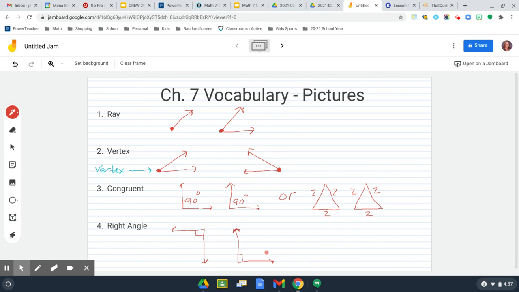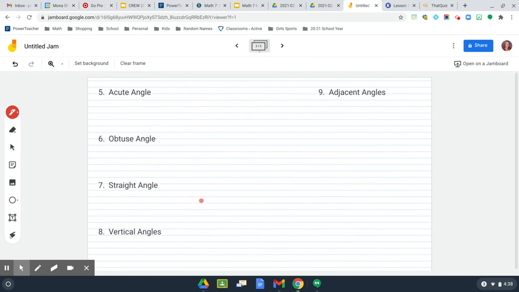Let's look at the next one, number 5. So an acute angle, an angle that is less than 90 degrees. So maybe something along these lines. And maybe I say that this is a 50-degree angle. It's acute, it's less than 90 degrees.